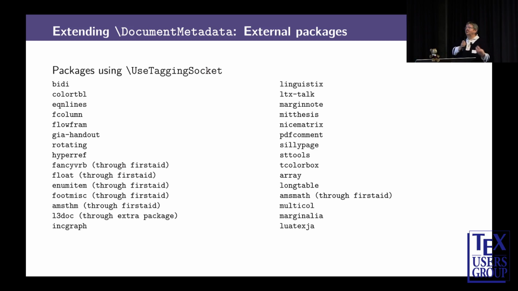Just to give an impression, I searched on CTAN and in TeX Live for packages using the tagging sockets, which would be an indication that they use tagging. There are many that are simply from us, like hyperref, but there are also a few external ones: equnline, fcolumn, gatech handout, flowframe, linguistics, inkgraph, that is from tcolorbox, also tcolorbox 2.